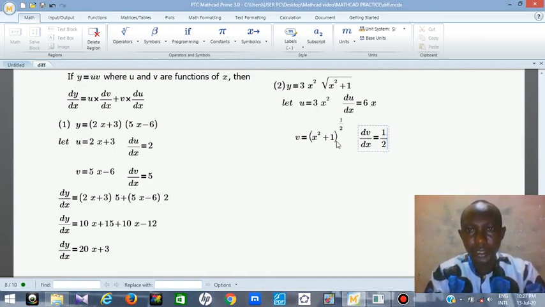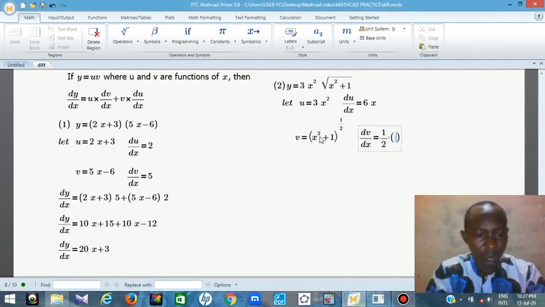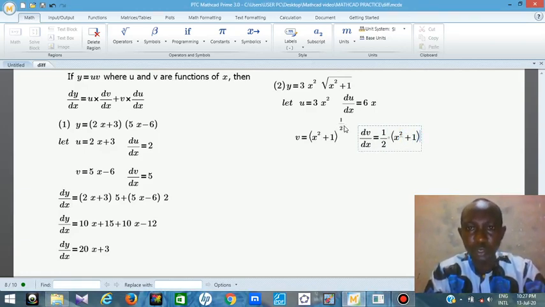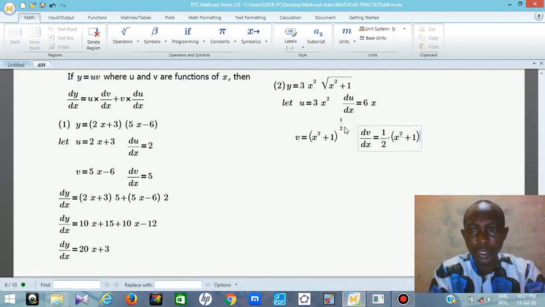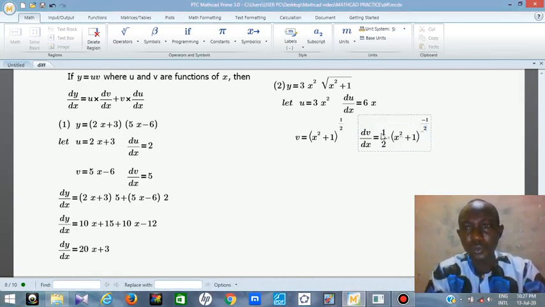Then you leave this as a single function, put it in brackets, x squared plus 1, raised to the power 1 over 2 minus 1, which gives us the bracket raised to the power minus 1 over 2.